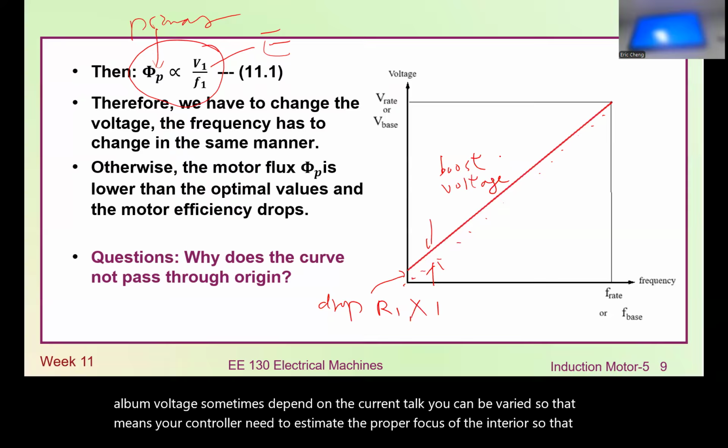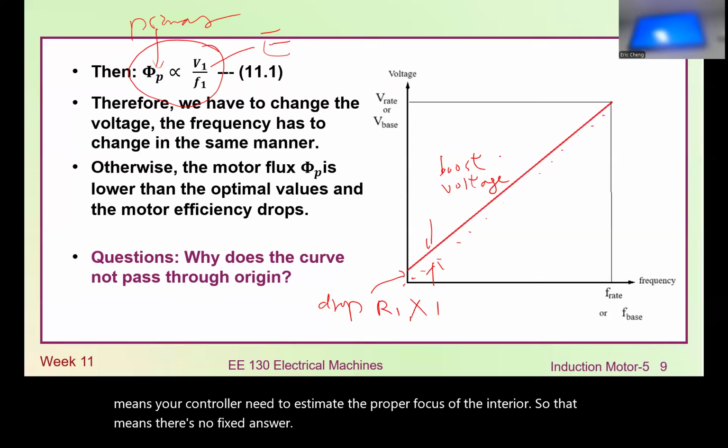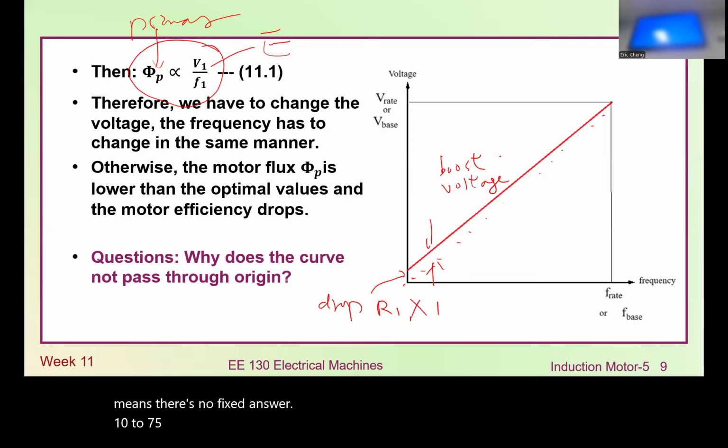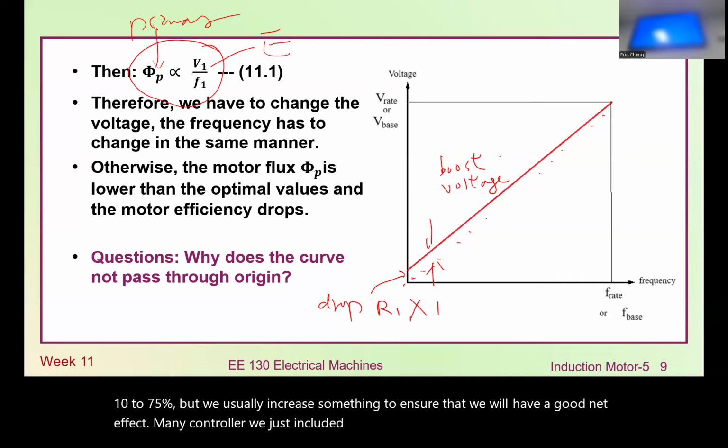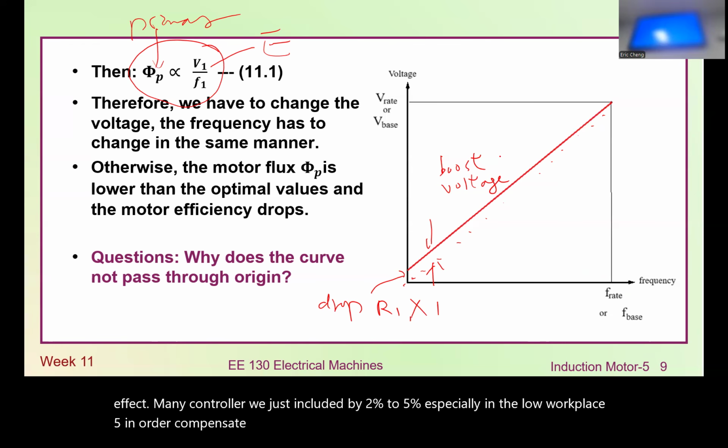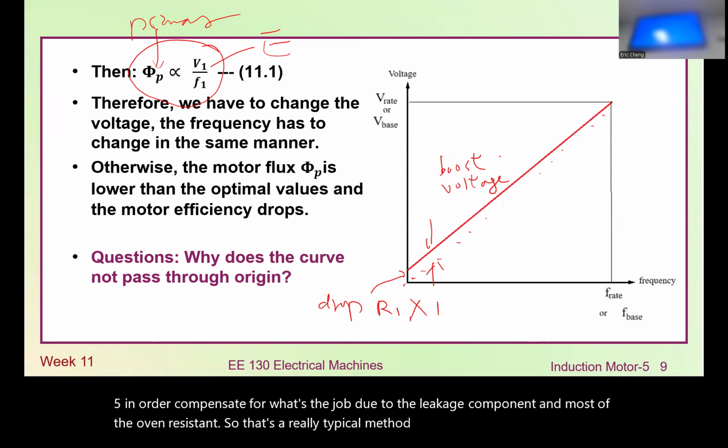There's no fixed answer, 10% or 5%, but we usually increase it to ensure we have a good magnetic flux. In many controllers, we just increase it by 2% to 5%, especially on the low voltage side, in order to compensate for the voltage drop due to the leakage component and also the R1 resistance. That's a really typical method we use on the induction motor.